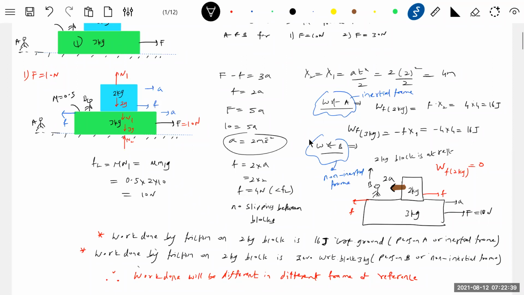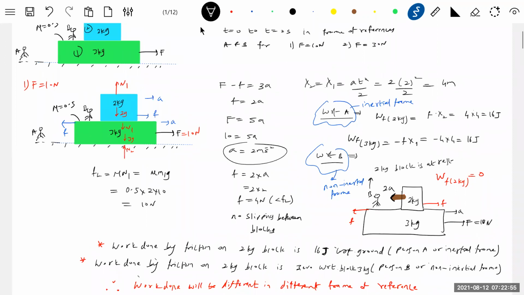Tell me, the block is not moving. Force into displacement: if displacement is 0, work done is 0. It's over, no? What else do you want me to explain? Please, you have to put in effort, no? If I tell everything, then what are you actually doing here?